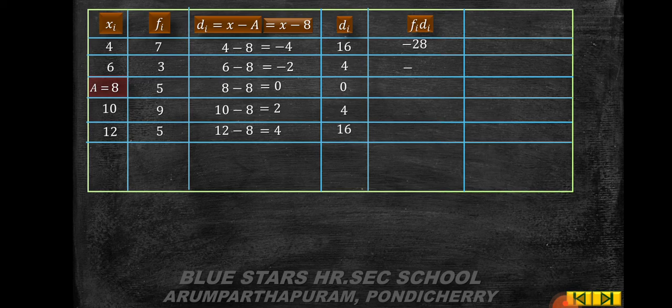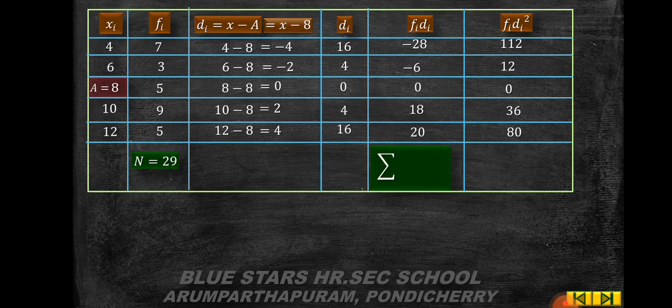So 7 into minus 4 is minus 28, 3 into minus 2 is minus 6, 5 into 0 is 0, 9 into 2 is 18, 5 4s are 20. Next Fi di square: 112, 12, 0, 36, 80.